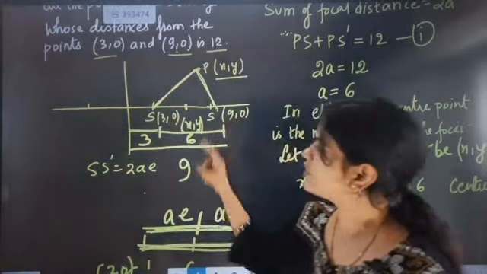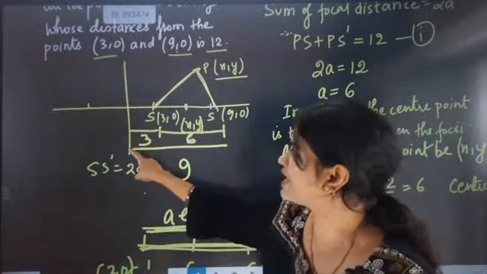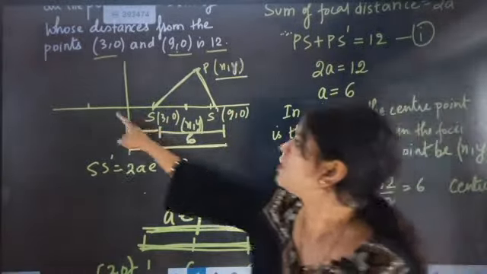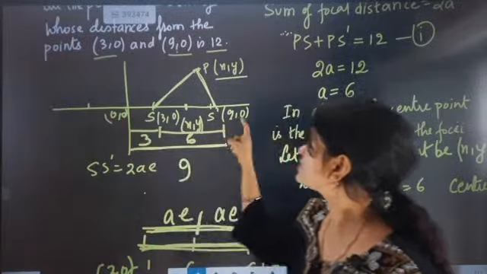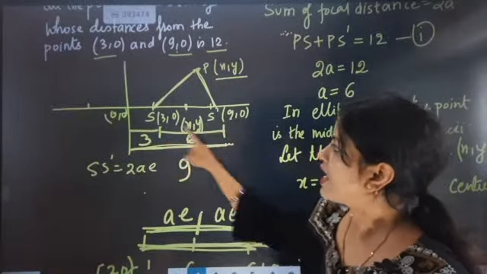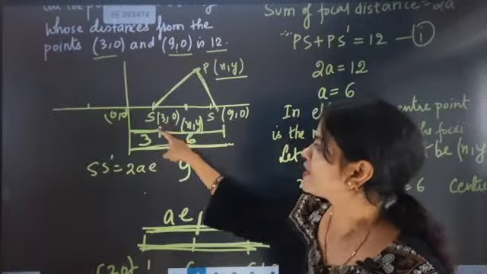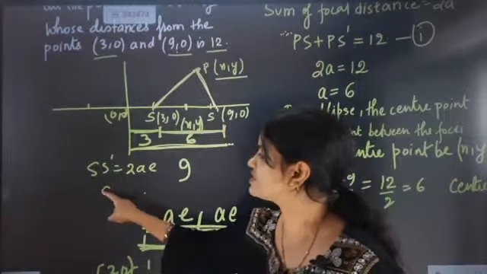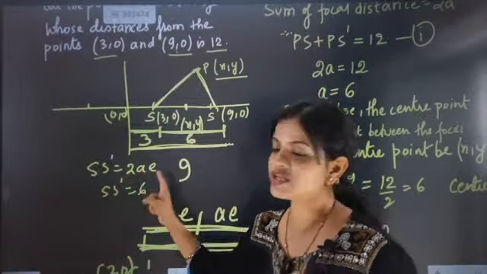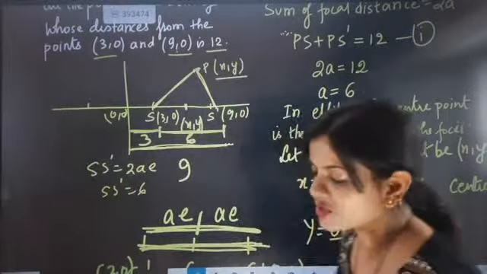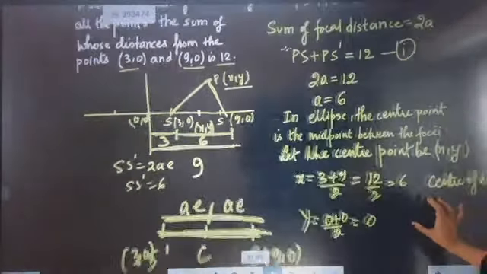See, from origin to the total distance is exactly coming as 9, and till here 3 is there. That means the remaining SS dash distance is coming as 6. So 6 equals 2AE, that was the most important point.